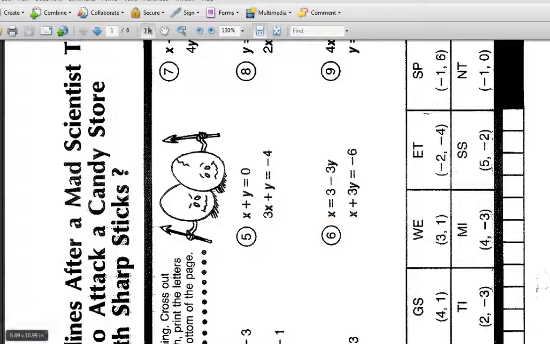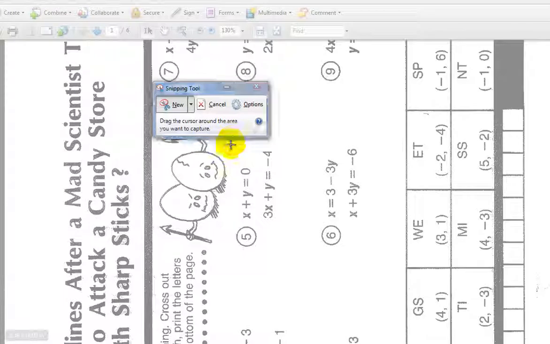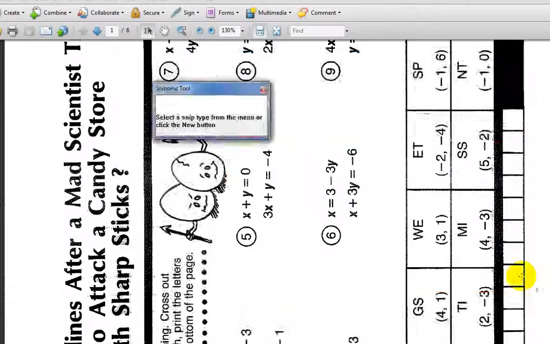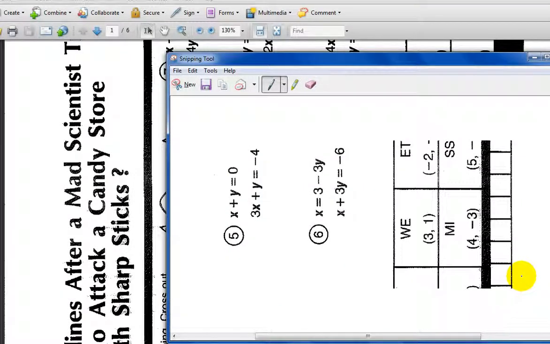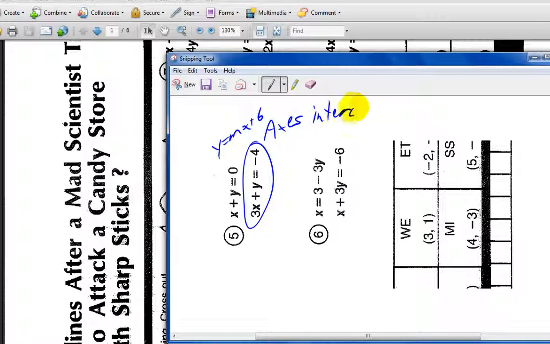Once you get to these questions here, you might want to go y equals mx plus b, and then for this one you might want to go axes intercepts. But you don't have to, because y equals mx plus b would be really easy for it as well.